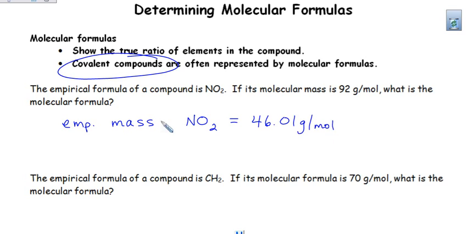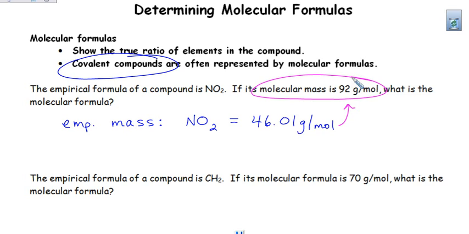Here's my empirical mass. Now that's not the true mass of this particular molecule. The molecule that we're looking at has a true molecular mass of 92 grams per mole that will always be given to you. Now all we have to do is figure out how the two compare.